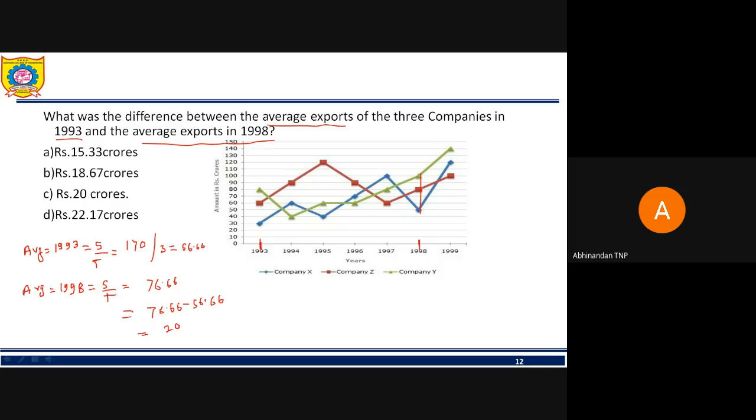It is 20. 20 crore is the difference. Option number C is correct. Right, so this is a simple question. Just you have to perform the mathematical analysis. If you perform the mathematical analysis, then you'll get the correct answer. 20 crore is the right answer.